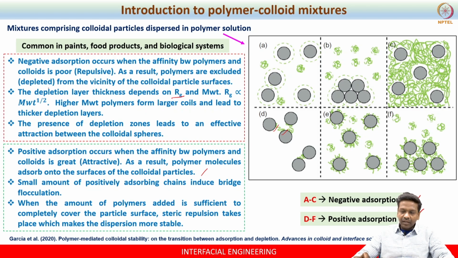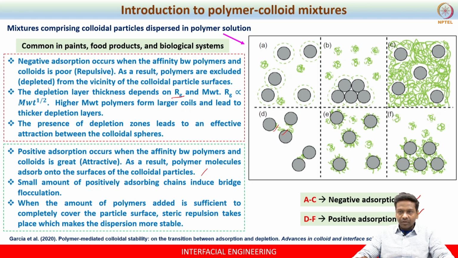On the other hand, if you have a polymer concentration sufficient to cover the entire particle surface, in such a case what you would expect is steric stabilization, right? The steric stabilization is because the entire surface of the particle is now covered with the polymer molecule.